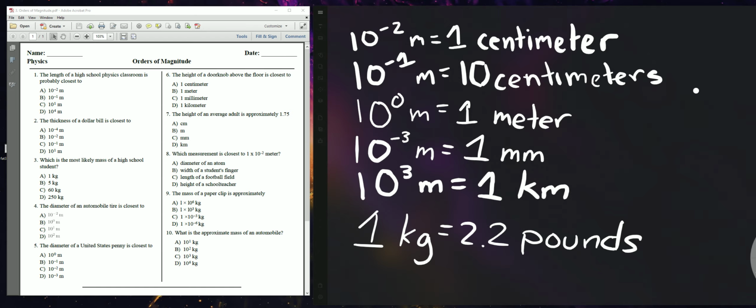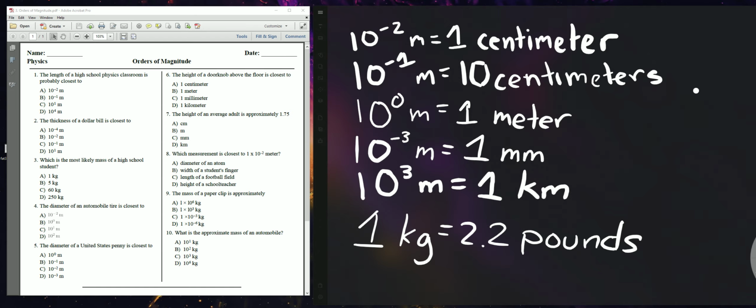The diameter of an automobile tire is closest to what? Again, we can rule out A. 10 to the negative 2 is 1 centimeter, close to the diameter of a penny. 10 to the 0 meters, that's 1 meter, could be possible. 10 to the 1 meters, 10 meters?